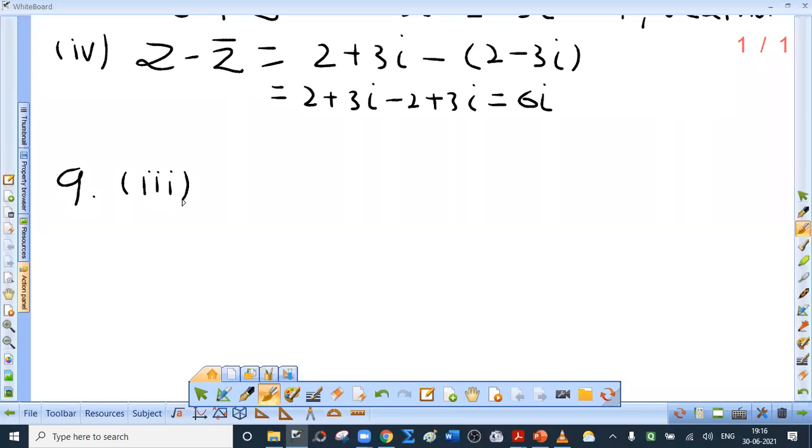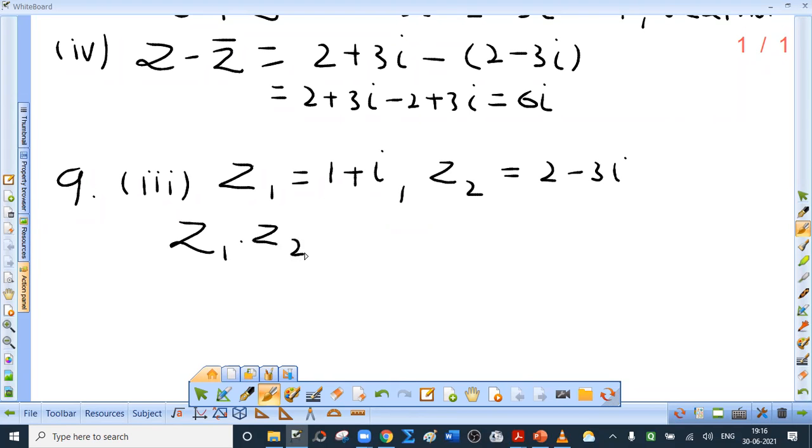Z1 Z2 bar is Z1 bar into Z2 bar. Okay. What is Z1? It is 1 plus i. It is given. And what is Z2? 2 minus 3i. So Z1 into Z2, 1 plus i into 2 minus 3i.